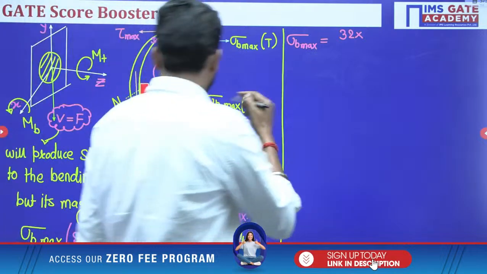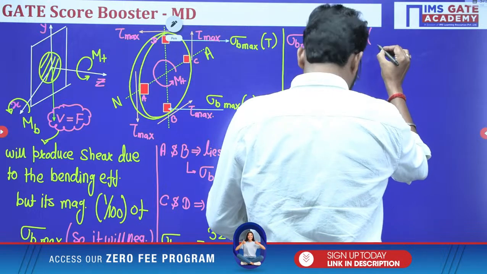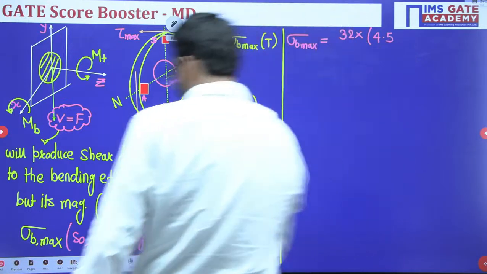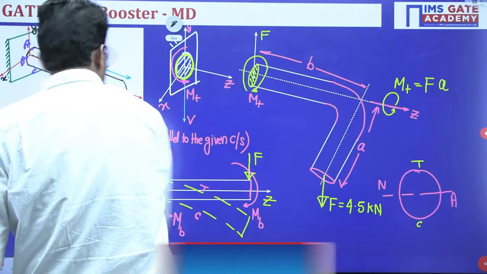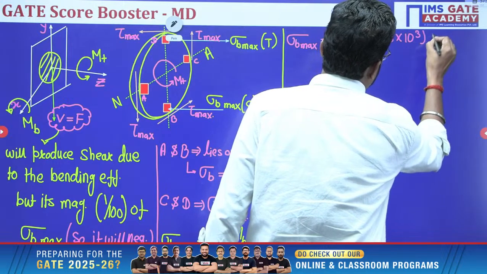So bending: 32 into M_B. M_B is your force times length. The force is how much? 4.5 kilonewton, so we convert it to Newton, 10 to the power 3, into this length.